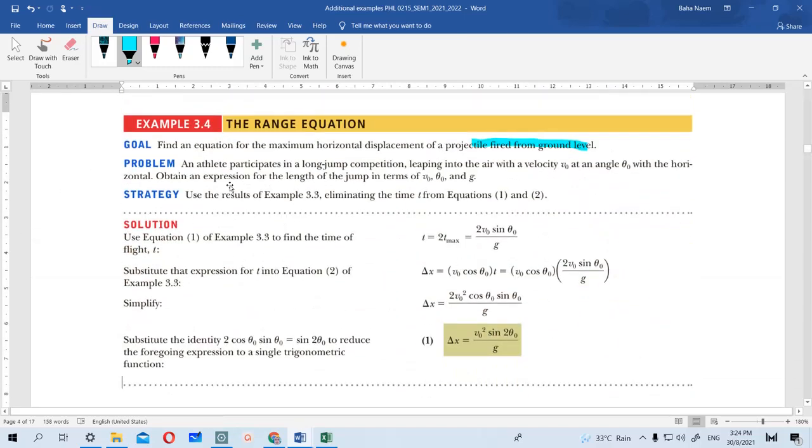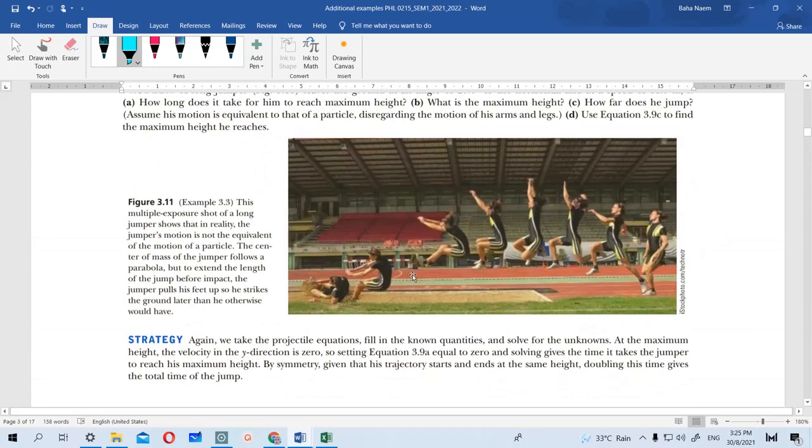So an athlete's long jump competition, leaping with initial velocity v0 at an angle of theta naught with the horizontal. Obtain an expression by using this symbol. So we will find that the time taken in the case that he jumps, leaving the ground and then ending with the ground, is similar to this figure.